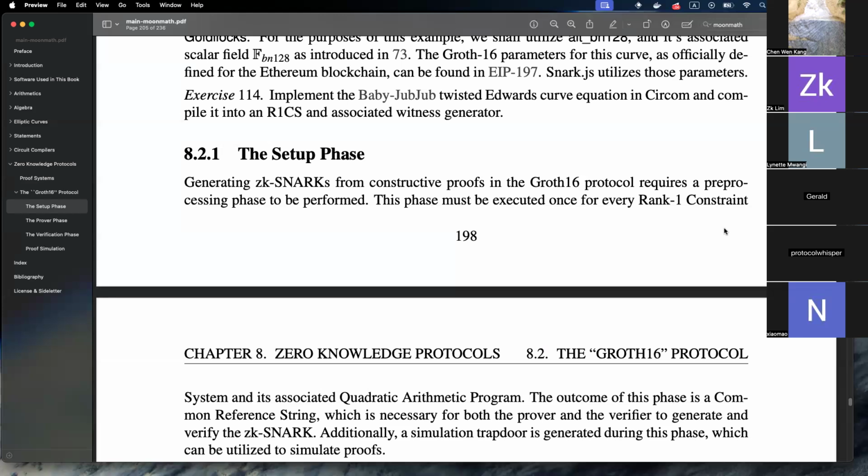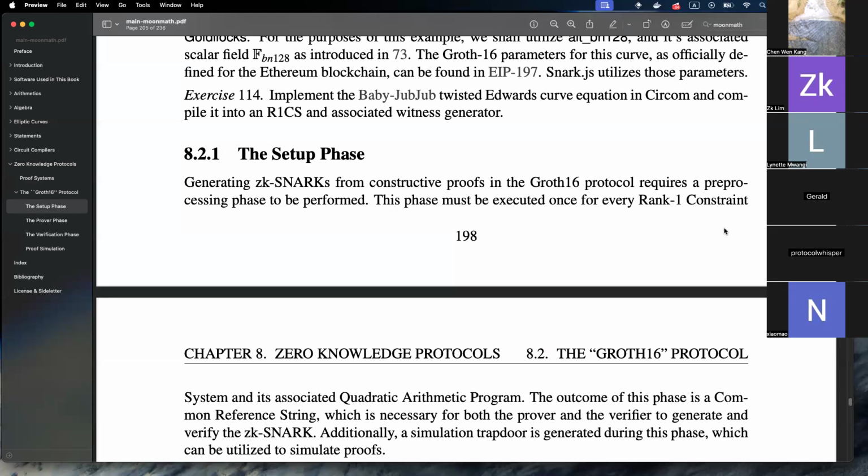What they do is they have something called a universal trusted setup, which means you generate your CRS, we'll talk about CRS later, your secrets, your values. You do a trusted setup once, and then you can reuse the same thing for any program that is compatible with the proof system, essentially.